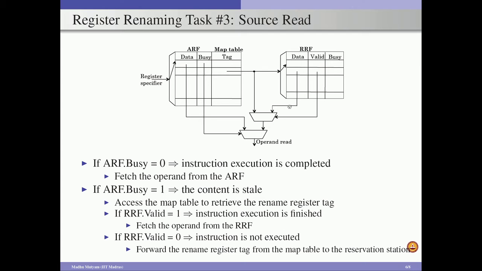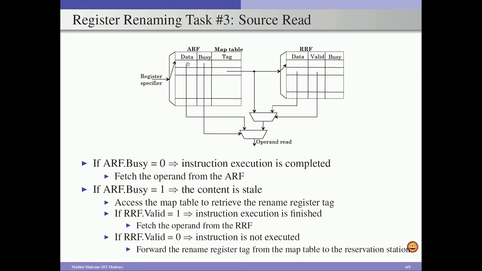So, in summary, in this source read phase, when the busy bit of the architectural register is 0 for a specific location specified by the architectural register tag, which is given as an input to the decoder associated with the ARF, we use that to access the busy bit and the data field, and both will be given.